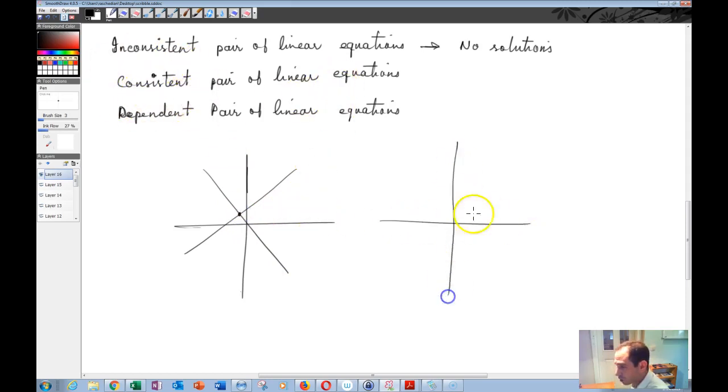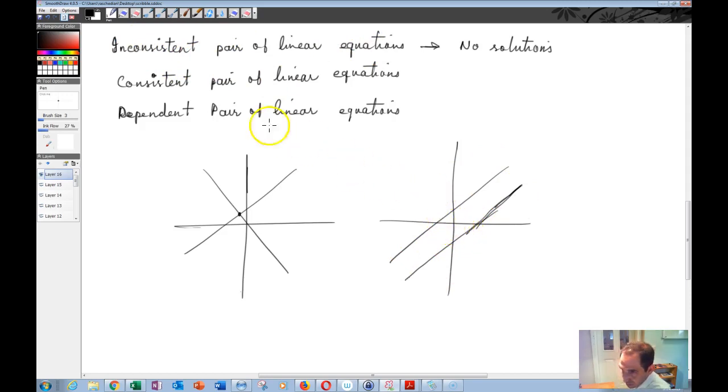If the two lines are coincident, meaning that both of the lines are represented by this line, again you have infinitely many solutions. It's not that you don't have any solutions. But if the two lines are parallel, like this, then as you can see, the lines are not intersecting at any point, and that's the case of an inconsistent pair of linear equations.